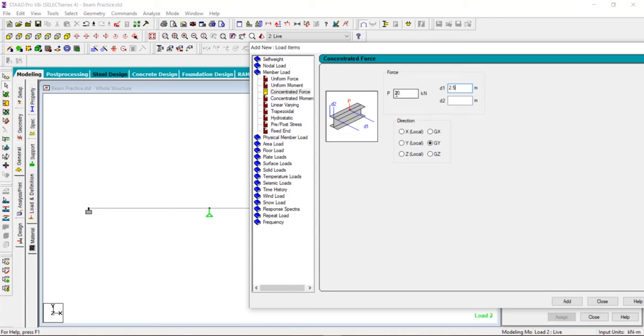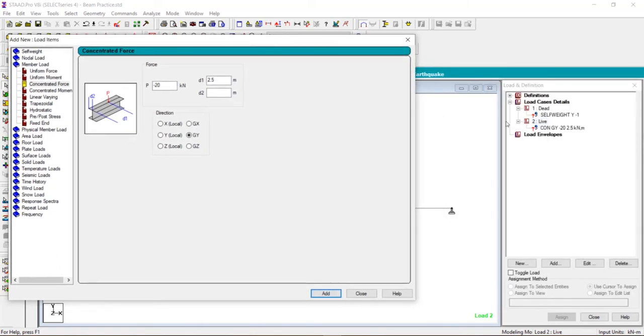That is why we will put a minus sign here. After that, click on add. So here you can see that we have added a concentrated load GY minus 20, that is downward direction, at a distance of 2.5 meters.